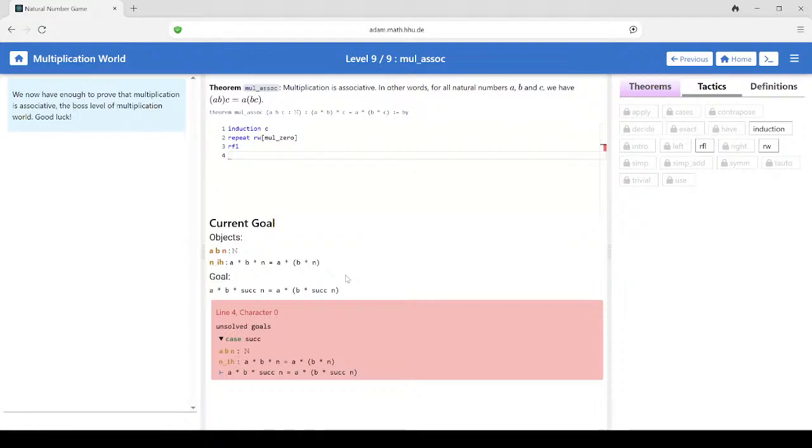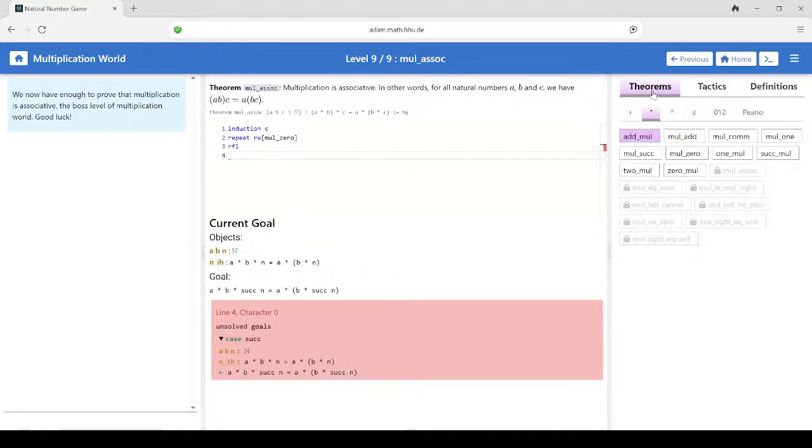I've already forgotten what I did last time I was in this situation. We gotta get rid of the successor n.